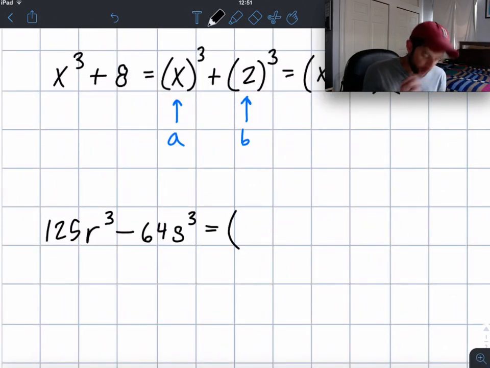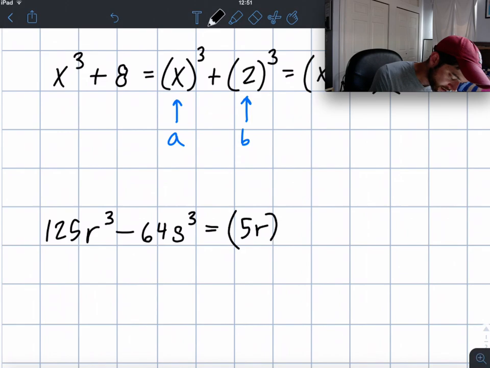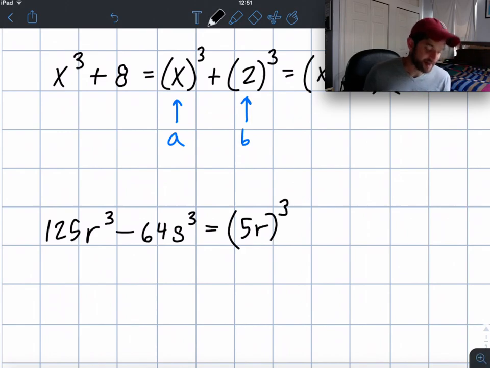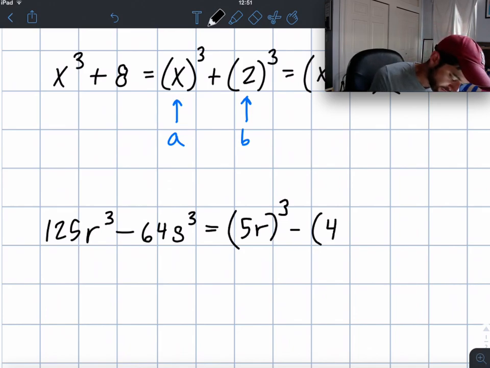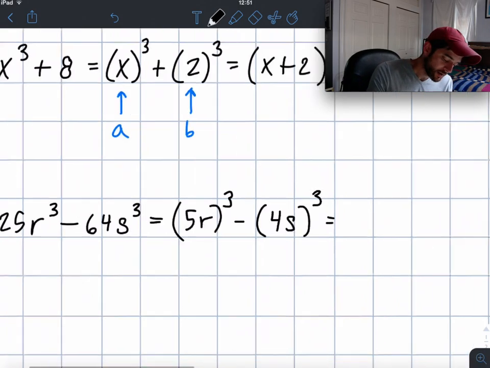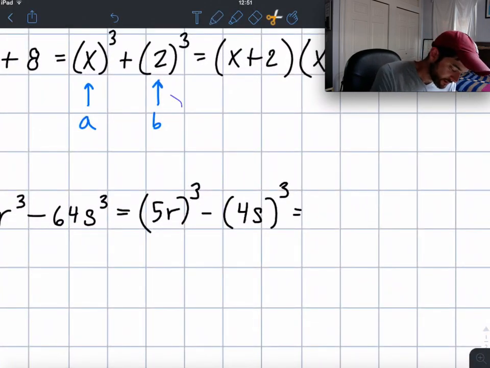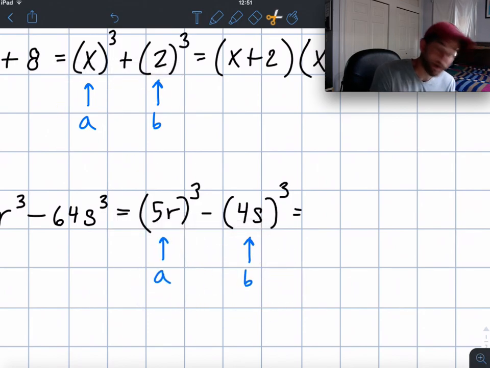If we think about it, what would get us 125r cubed? That would, of course, be 5r. So 5r cubed gets me 125r cubed. There's our a. Minus whatever would get us 64s cubed, which would be 4s cubed. So now I have it in terms of what a and b are. a is 5r, b is 4s.